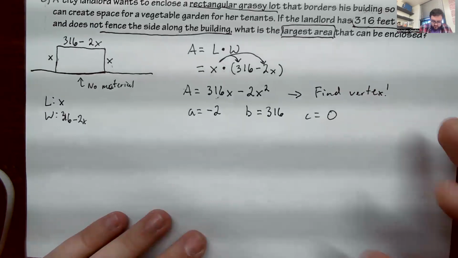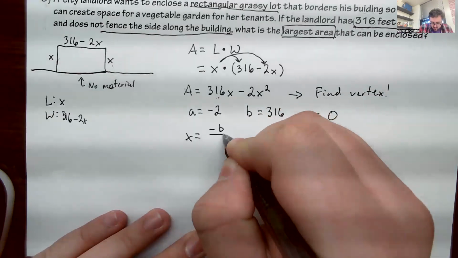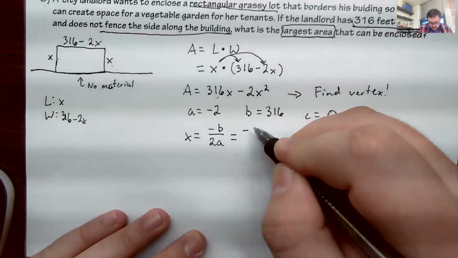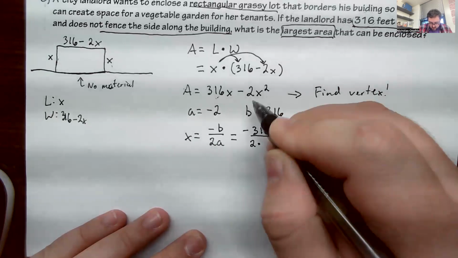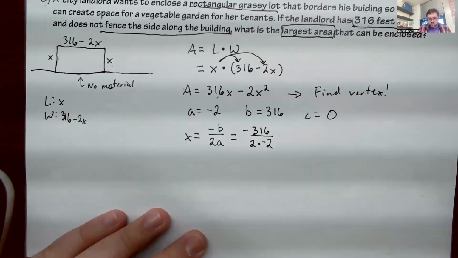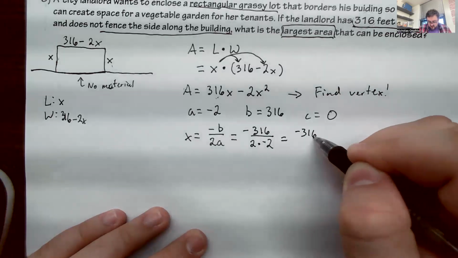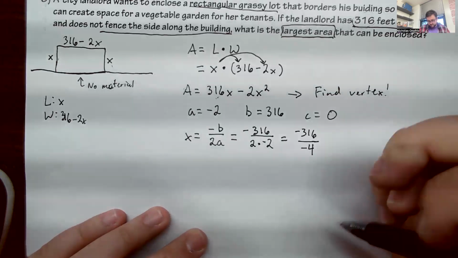Let's go to our equation. x equals -b over 2a. It's going to be -316 over 2 times -2. It's going to be -316 over -4.